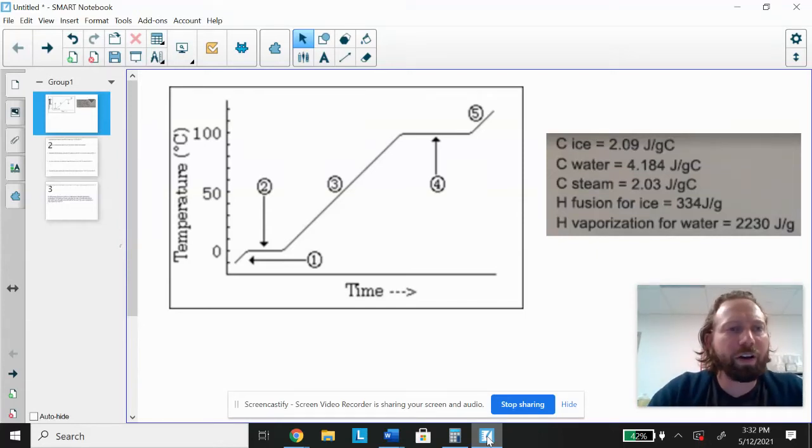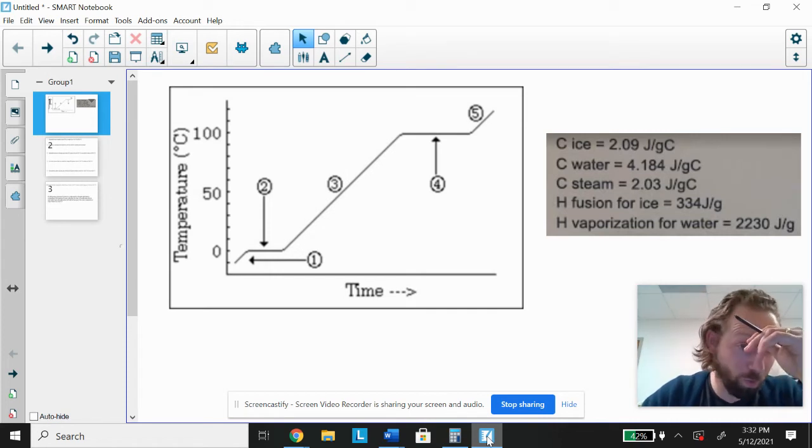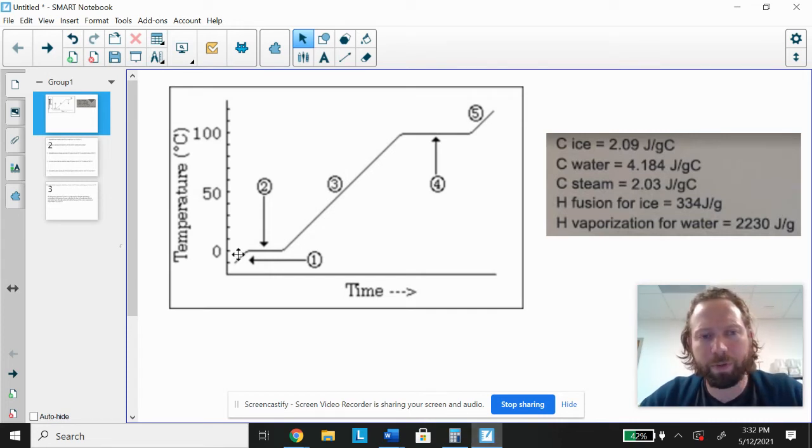Hey students, in this video we're going to be talking about heat transfer and the heating or cooling curve, specifically of water. So as you see here, you see the heating curve for water, where you go from negative temperatures up to 0, and then from 0 up to 100, and then it boils, and then you go to above 100 degrees.